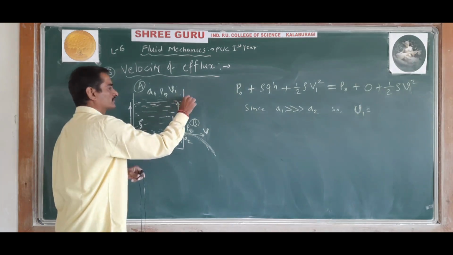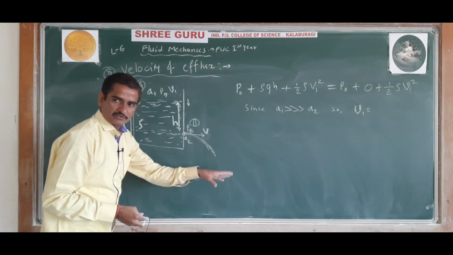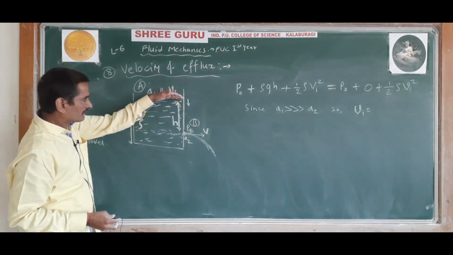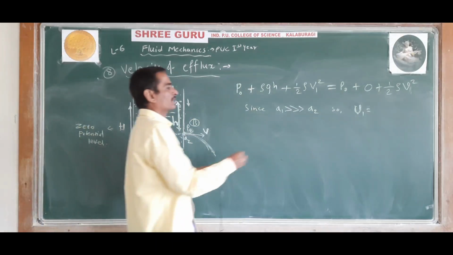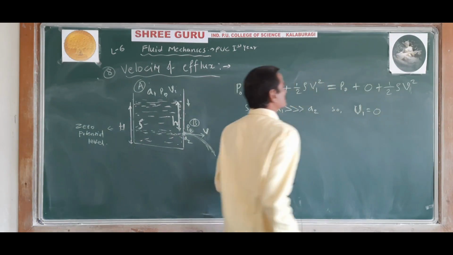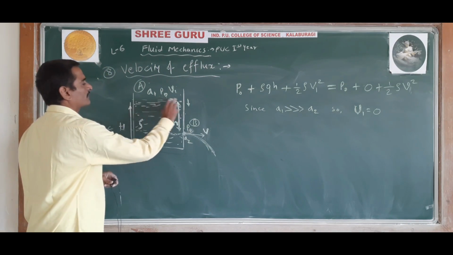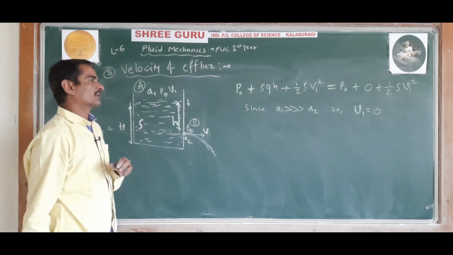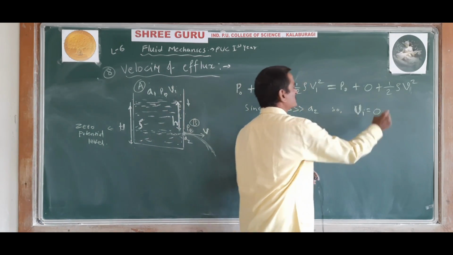The liquid will move downward as the liquid comes out of the container and the liquid level will decrease, but the velocity of the liquid at the open end is almost taken as 0, because this surface is very large compared to this small orifice. That is the adjustment we make. So V1 is equal to 0.